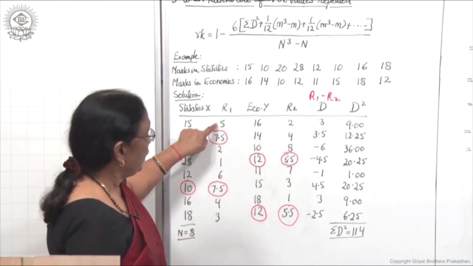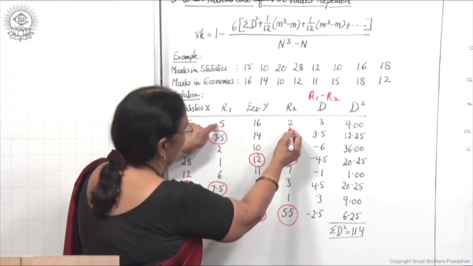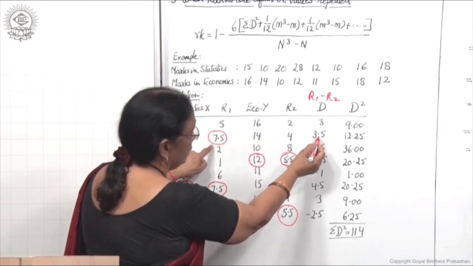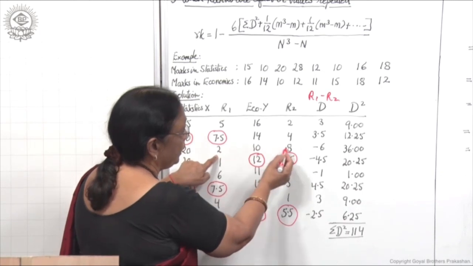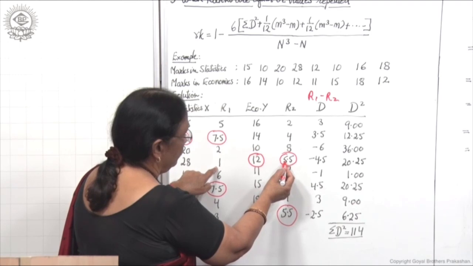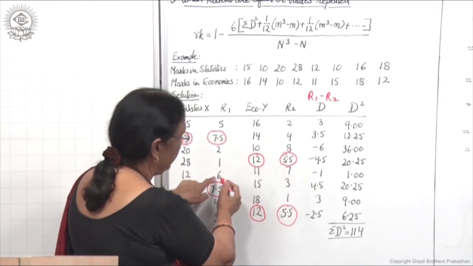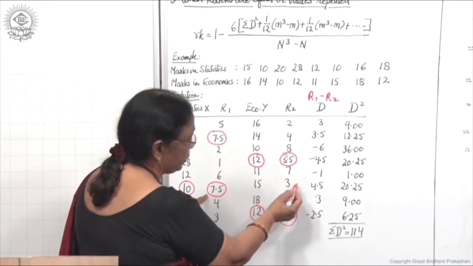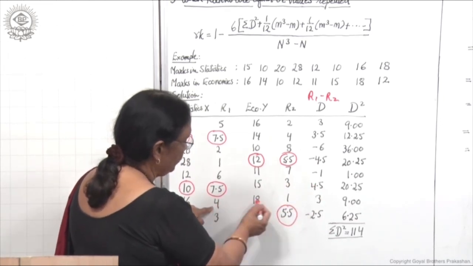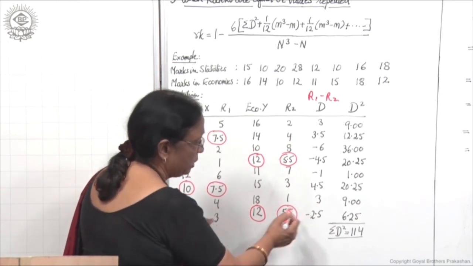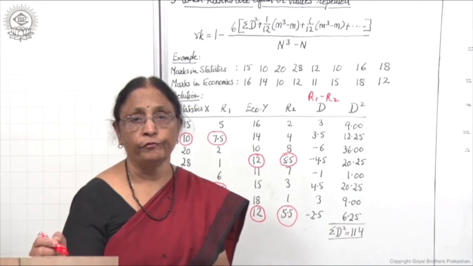So 5 minus 2 is 3, 7.5 minus 4 is 3.5, 2 minus 8 is minus 6, 1 minus 5.5 is minus 4.5, 6 minus 7 is minus 1, 7.5 minus 3 is 4.5, 4 minus 1 is 3, 3 minus 5.5 is minus 2.5.